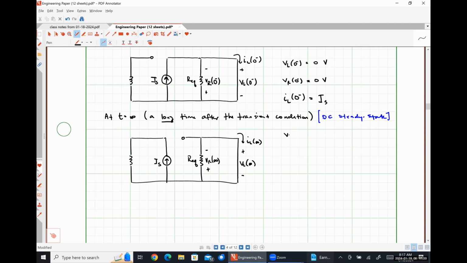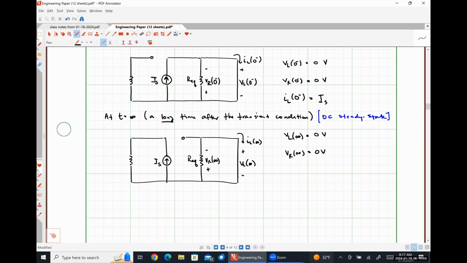Okay. So at t equals infinity, what's the voltage drop across my inductor? Has to be 0 because the inductor is being represented by a short circuit. What's the voltage drop across my resistor? 0, because the resistor is still in parallel with the inductor.